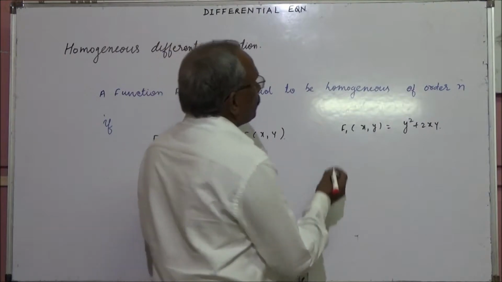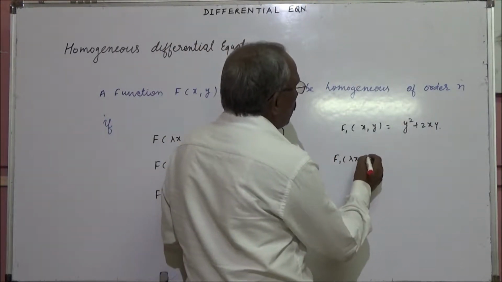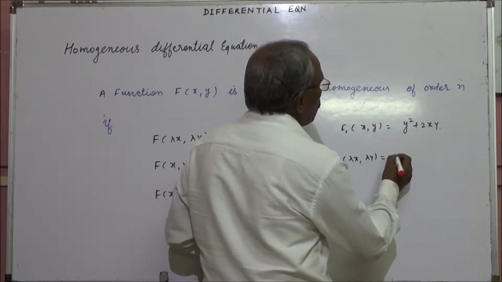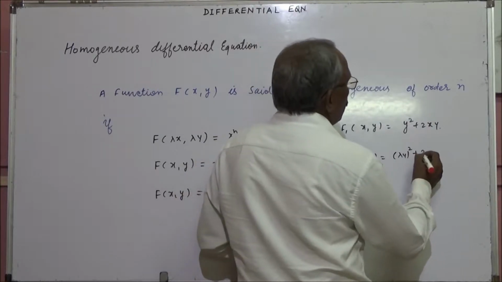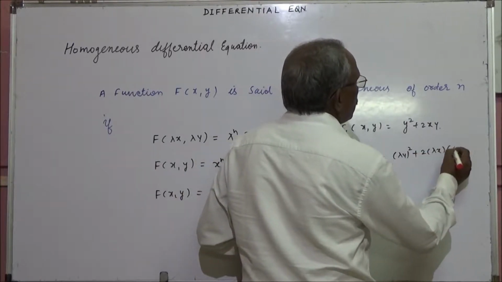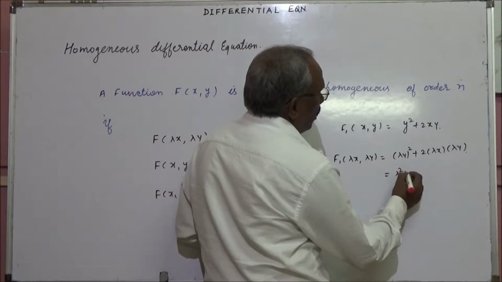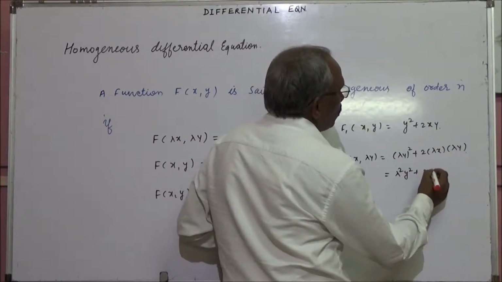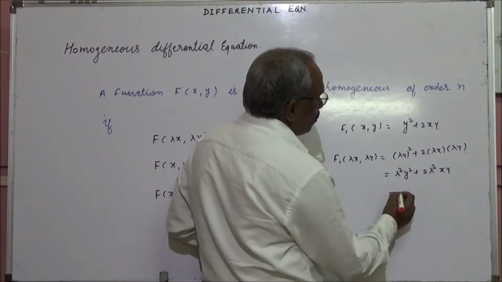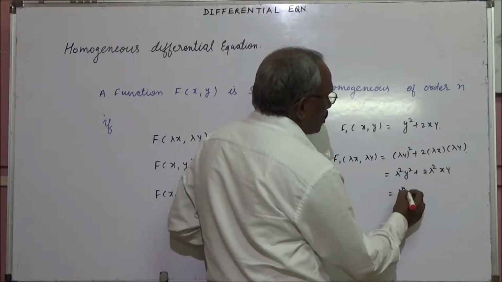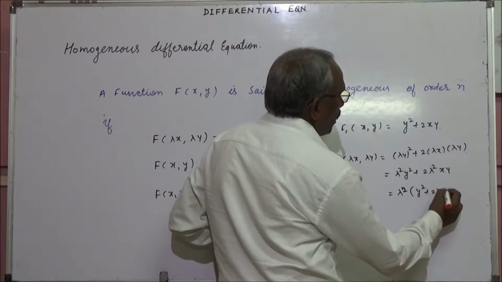Now here f1(λx, λy) is equal to λy square plus 2 into λx into λy. So this can be written as λ square y square plus 2λ square xy. So this is equal to λ square times (y square plus 2xy).